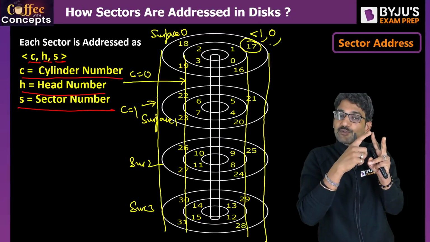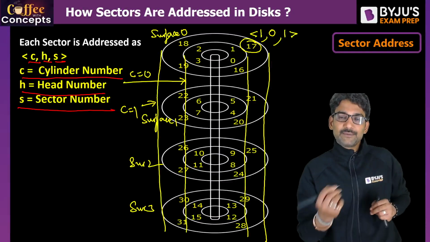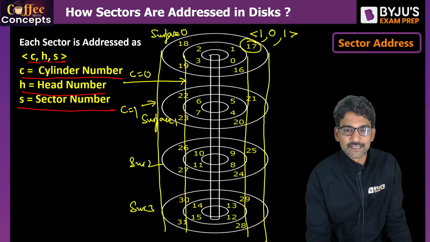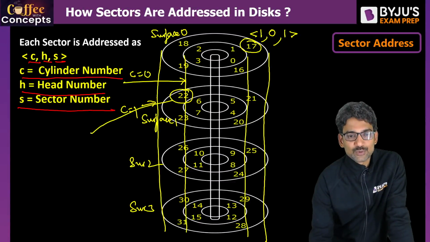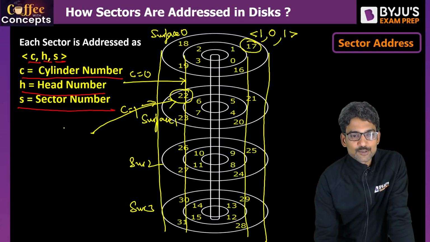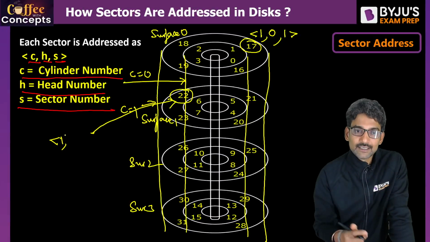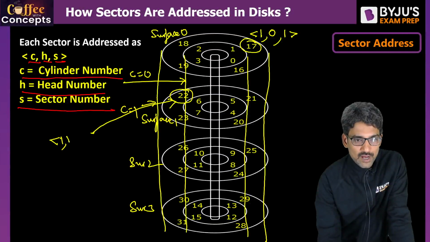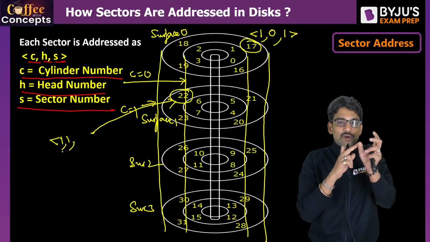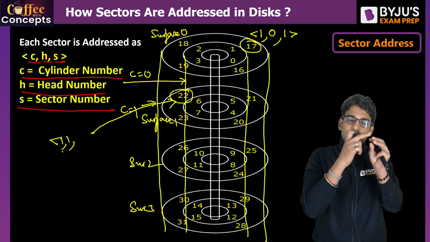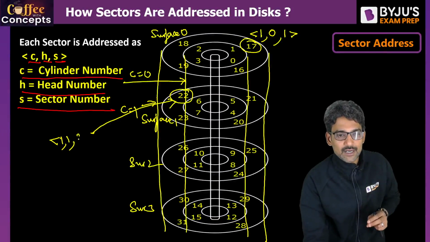So the 17th sector number would be 1. So the address is 1, 0, 1. Similarly, for sector 22: it is on cylinder 1, the outer cylinder, surface number 1, where the sectors are 20, 21, 22, 23, numbered 0, 1, 2, 3. So 22 would be sector number 2.